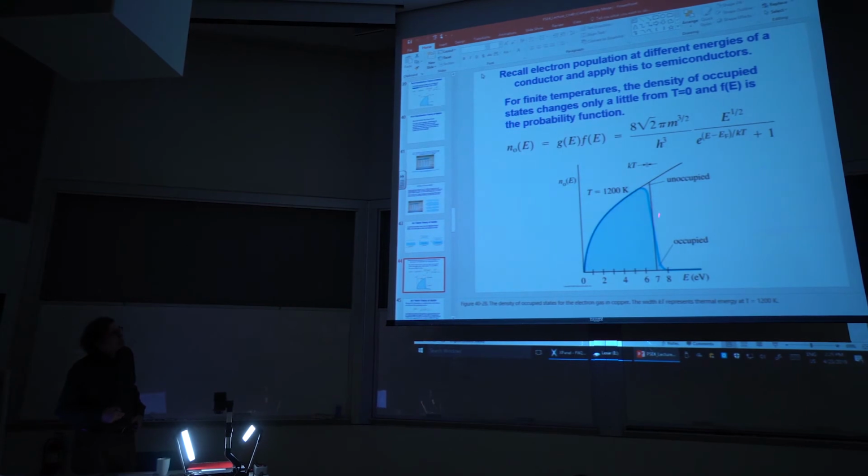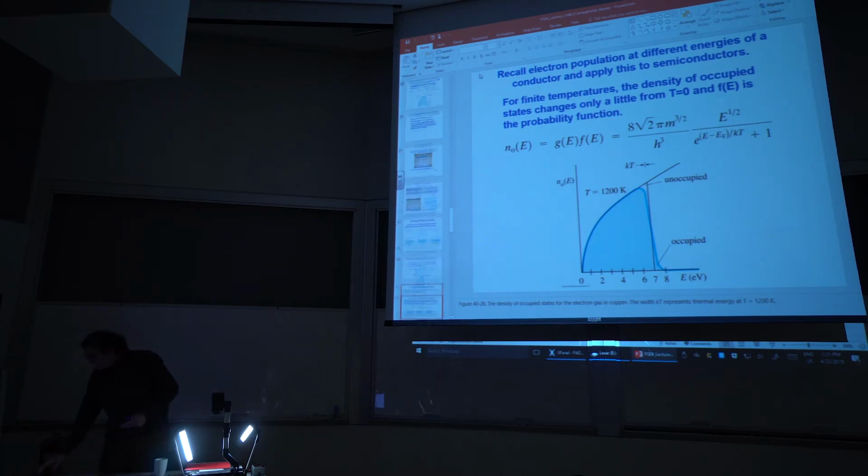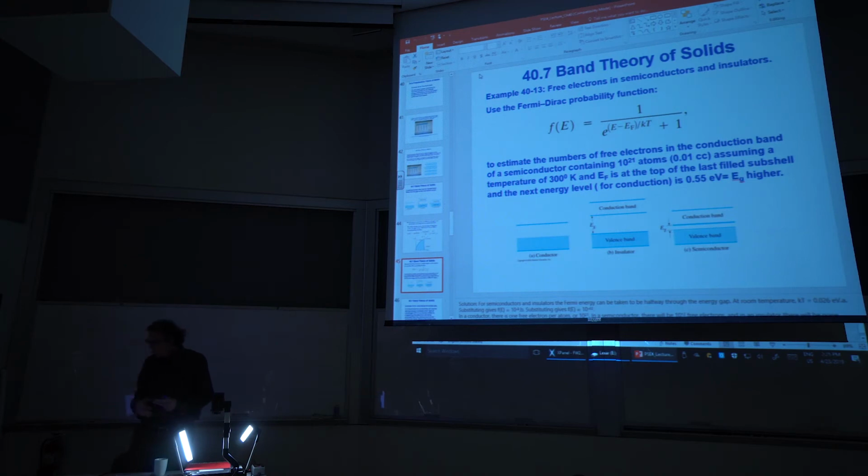We can look at this term more carefully, which is the function f of E, the probability of it being in a given state. We can use it to estimate how many electrons there are in the conduction band of a semiconductor, with a certain number of atoms in a cubic centimeter, assuming room temperature and that the Fermi energy is at the top of the last filled subshell.